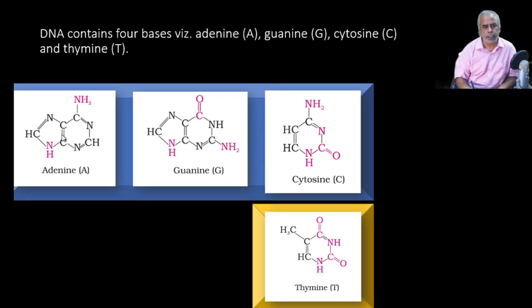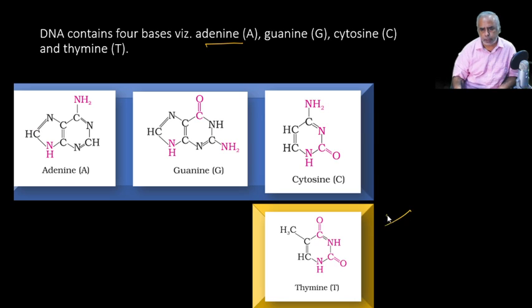In this case, nitrogen. You can see adenine is one of the structures. So DNA contains 4 important bases: adenine, and this is called guanine. All are heterocyclic with carbon-nitrogen arrangements. And this is cytosine, and this is thymine.